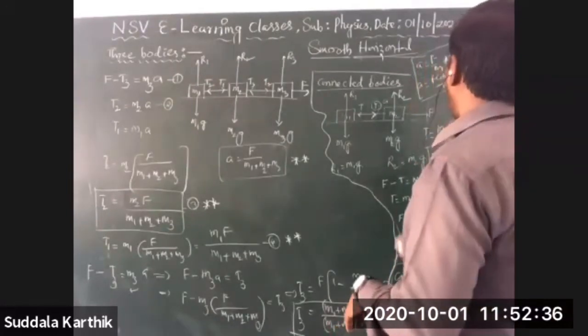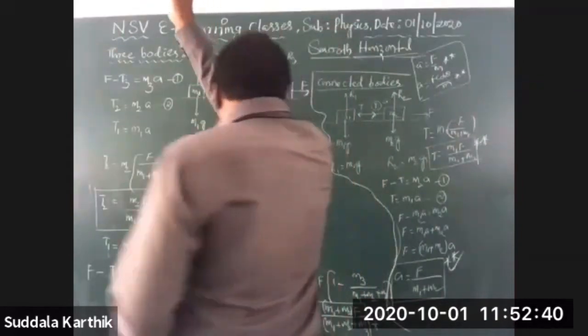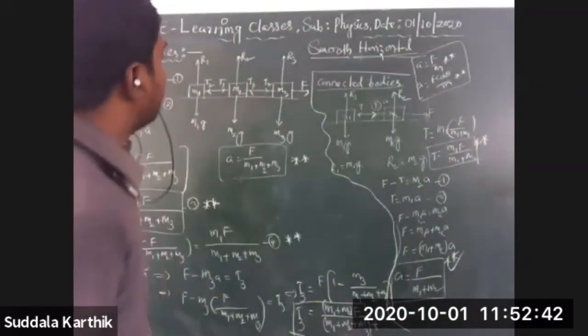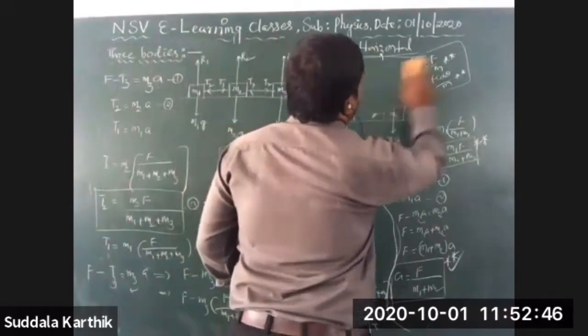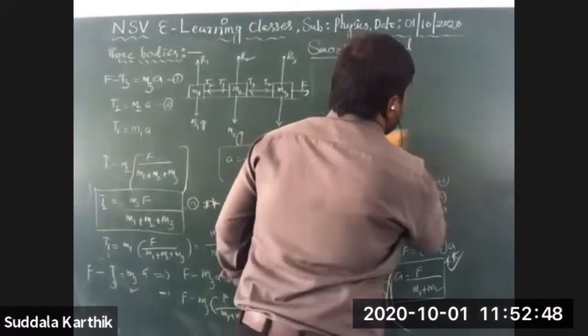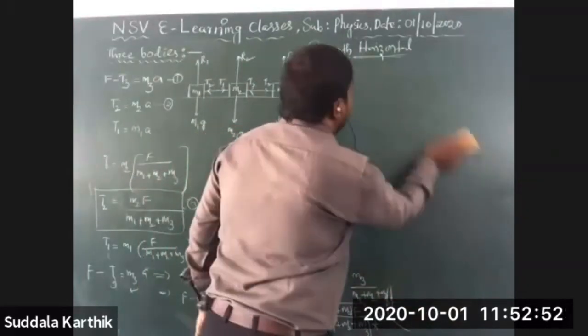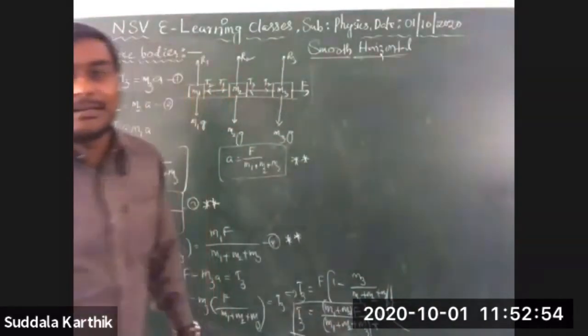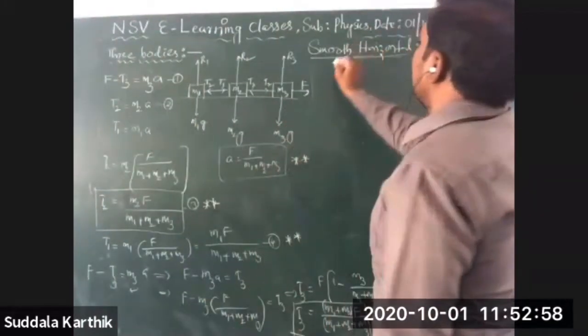I am writing all the formulas in one place. Because if the rough surface is entered, then automatically you will get more confusion, so that's why simply a smooth horizontal surface.